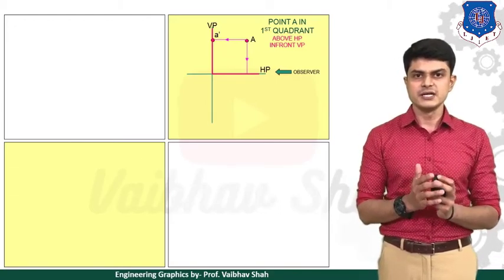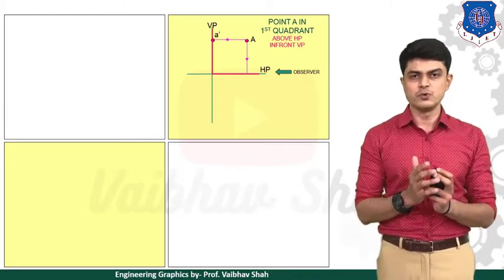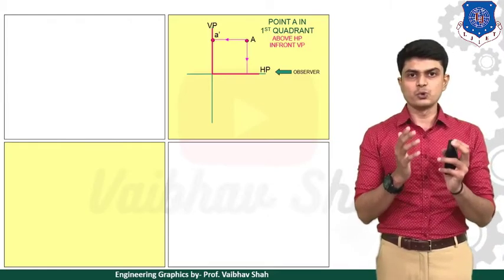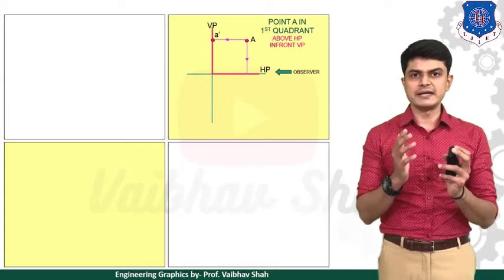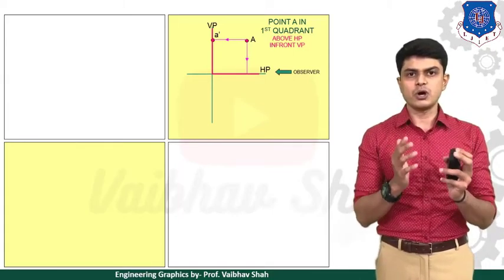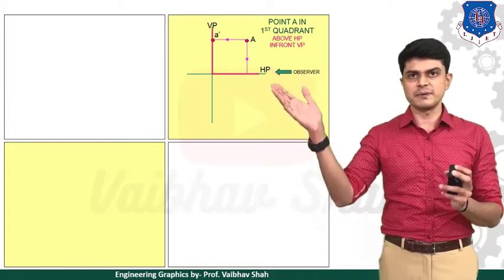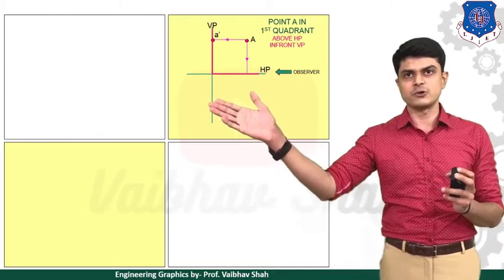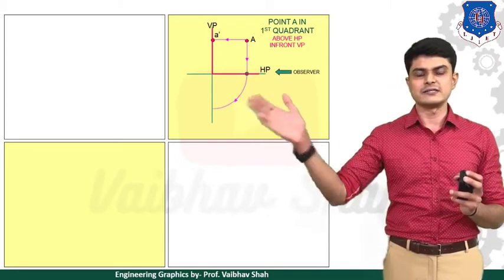Now we know that it is a 3-dimensional object, so what we'll do here is convert this 3-dimensional figure into a 2-dimensional line view. For that, we will rotate the horizontal plane around your vertical plane in the clockwise direction. This point will also rotate with the horizontal plane and come here onto your vertical line, like this.